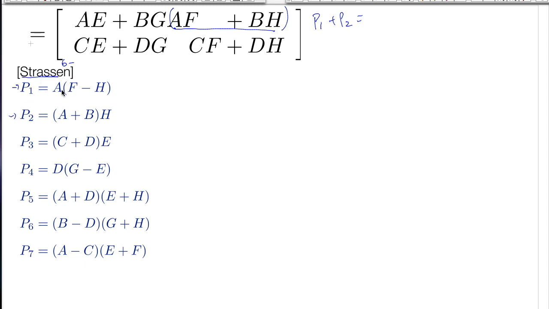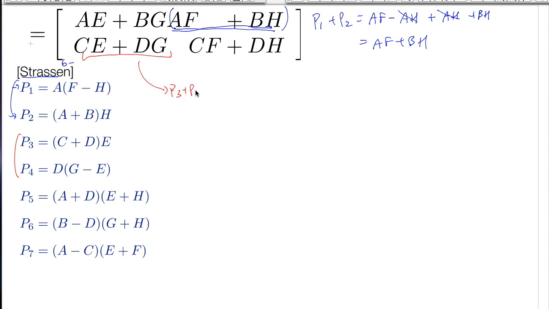The first one is P1, which is A times this term. Notice by adding these two terms, he's able to get the term that he needs for this upper right matrix, AF plus BH. Similarly, in order to get this term, he's going to combine P3 and P4. And that, you will see, will also cancel out to get you the right terms.